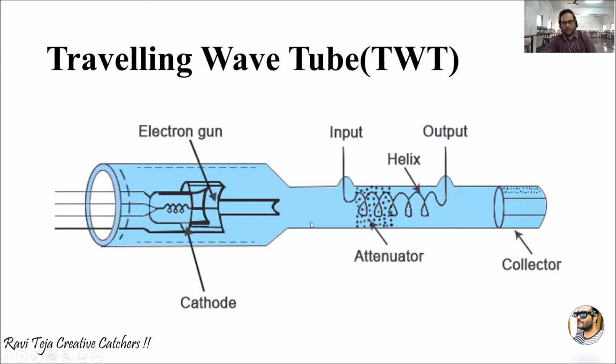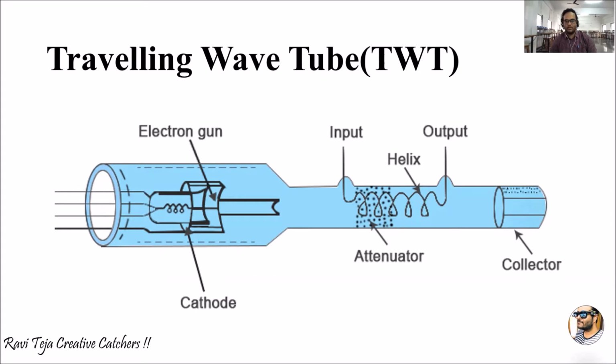Here we have an input as well as an output, and both are connected through a helical wire structure, framed in such a way that whenever an RF signal is transmitted through this helical structure, it travels at the speed of light.